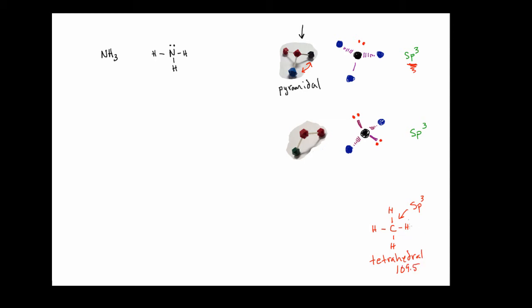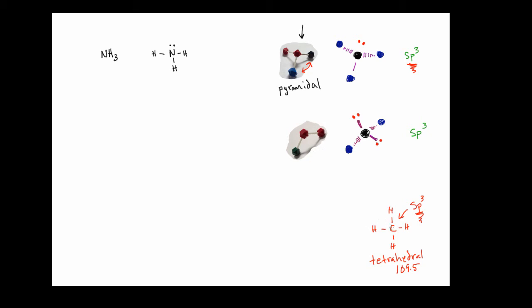Now, the hybridization, in fact, doesn't give us the geometry directly, because geometry is based on the connectivity between this central atom and the external atoms that it's attached to. The hybridization gives us the electronic arrangement of electron pairs around the central atom.